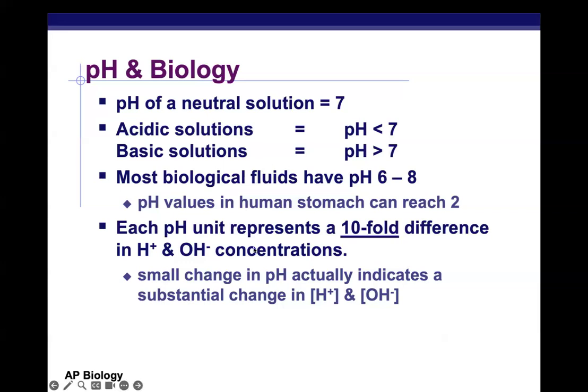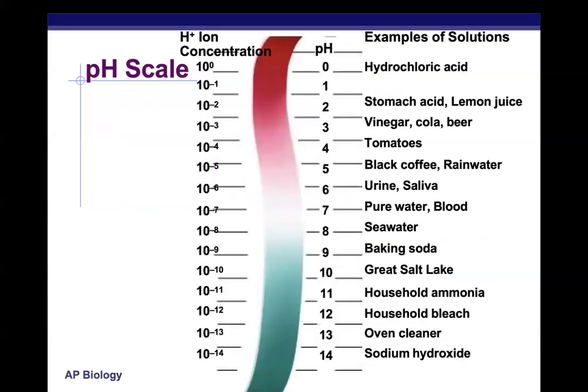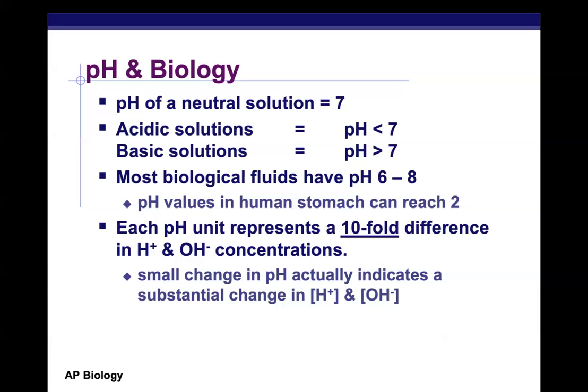Now, the truth of the matter is our bodies, to maintain homeostasis, can only withstand very small changes in actual pHs. So, for example, your blood pH is about 7.35. Okay. Now, if it gets to like 7.8, that's lethal.